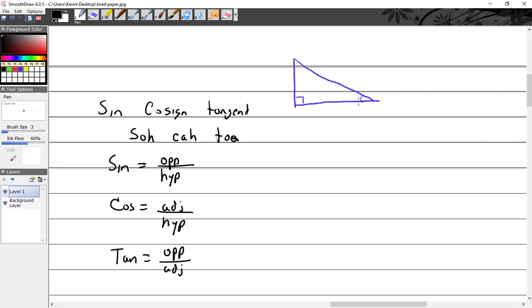If we're always talking about this angle right here, this is always, no matter what, going to be the hypotenuse. When I'm referencing this spot, the side all the way over here is going to be the opposite, and right here is going to be the adjacent.